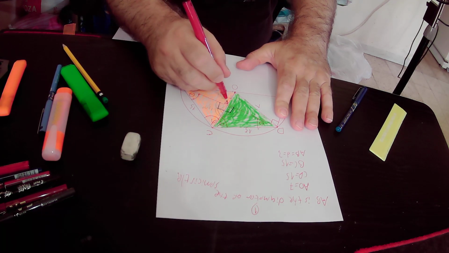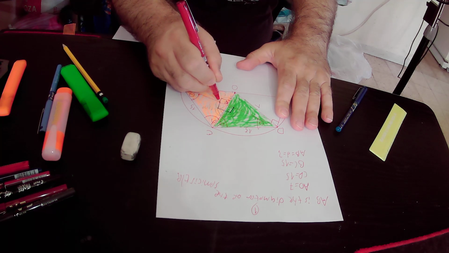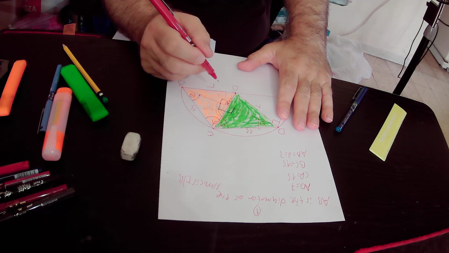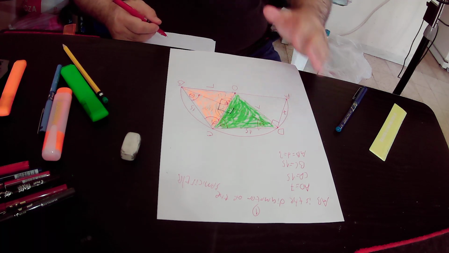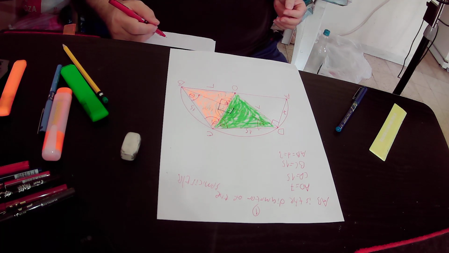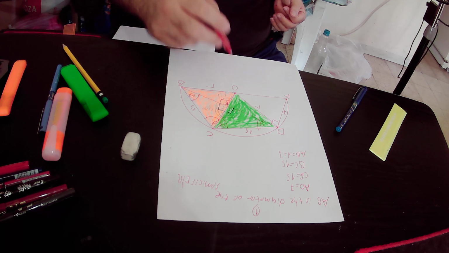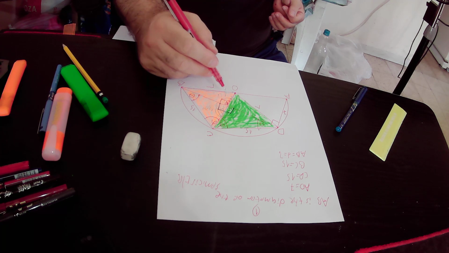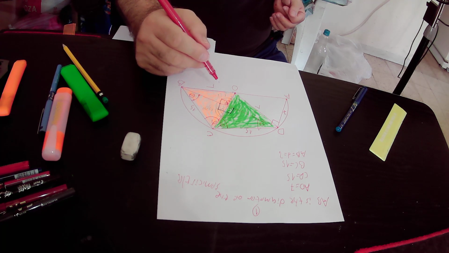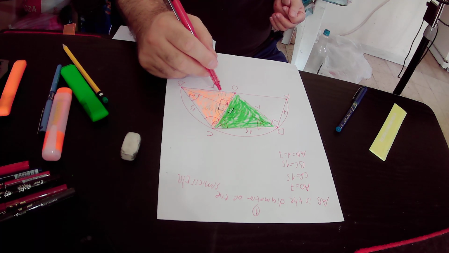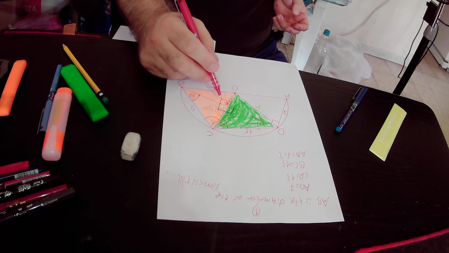So around point E we have three right angles, 1, 2 and 3, and the total sum of those three right angles is 90 degrees times 3, which is 270 degrees.